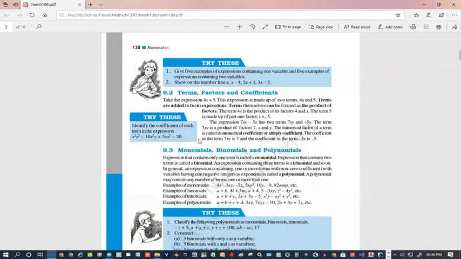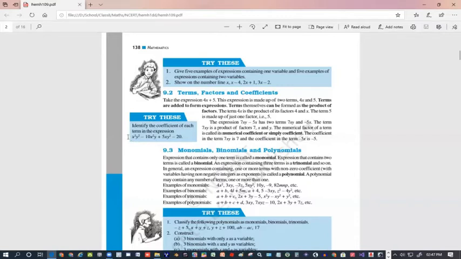So the coefficient in the term 7xy is 7 and the coefficient in the term minus 5x is minus 5. So if it is asking only coefficient, it is 7. If it is asking what is the coefficient of y, then it is 7x. Got it?